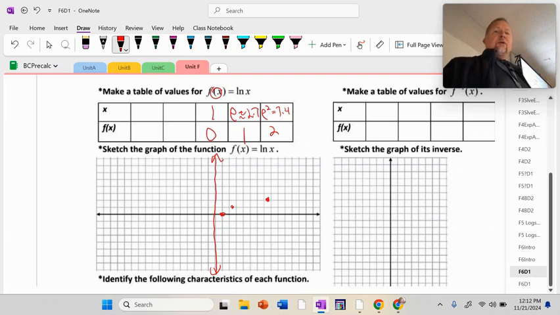And then as you keep going this way, with output -1, what's the input? That's 1 over e. Honestly, you wouldn't be marked wrong to just put 1 over e. It's close to 1/3, which is good enough for me. And then 1 over e squared when I plug in -2.